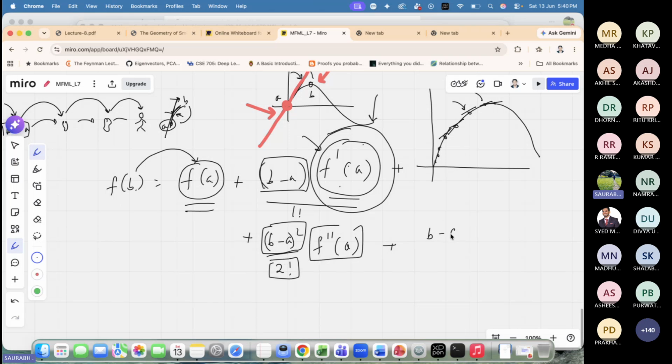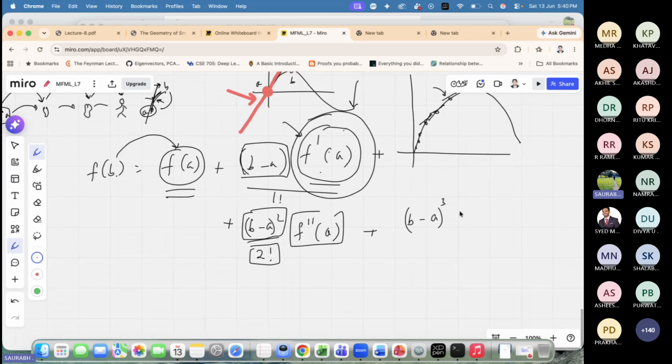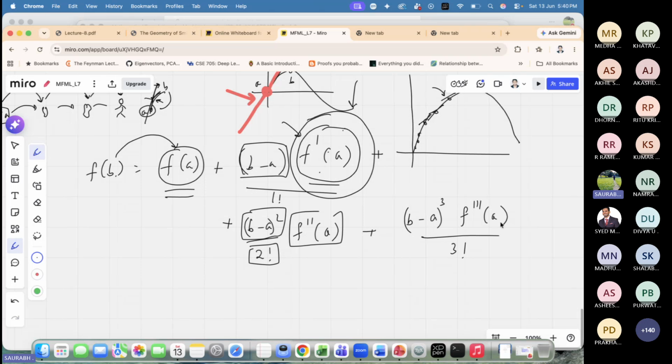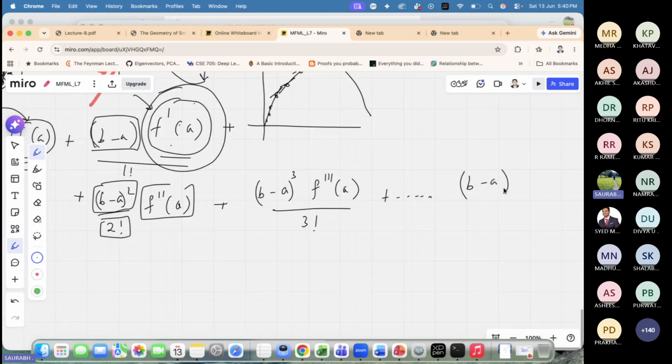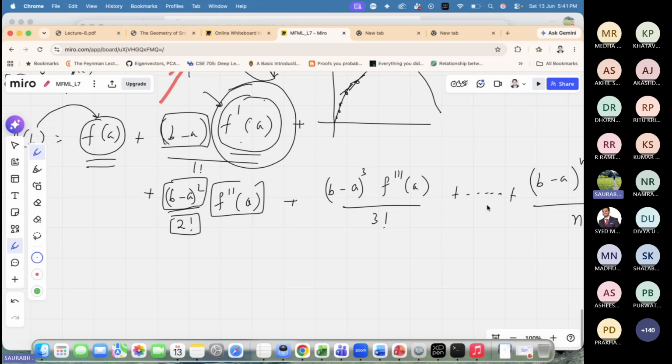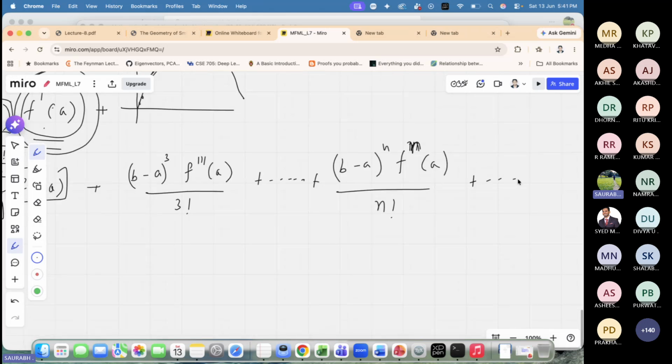Then (b minus a) whole cube f triple dash a divided by 3 factorial, plus and so on. You can write it as (b minus a) to the power n times the nth derivative f^n(a), divided by n factorial. This is what it would be eventually with n terms, and you can actually write it up to infinity as well.